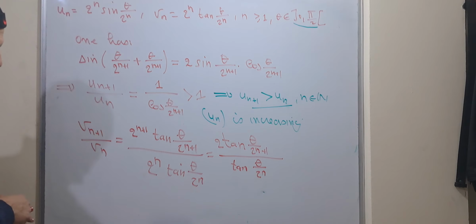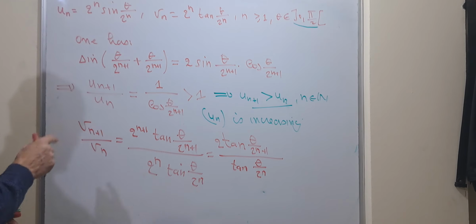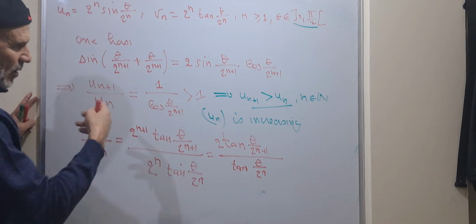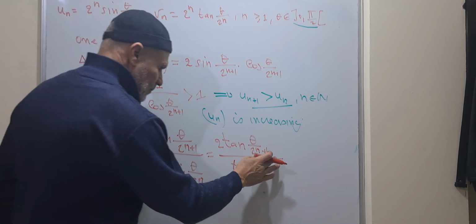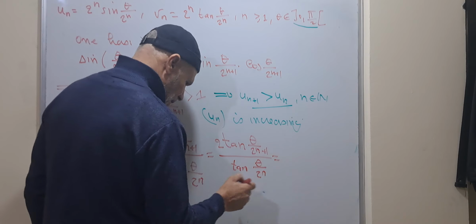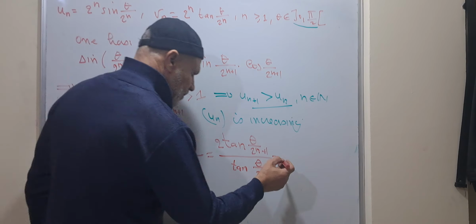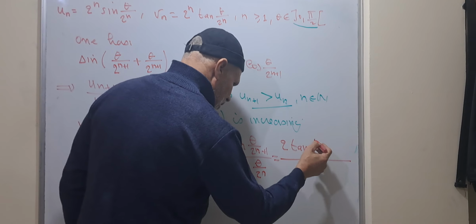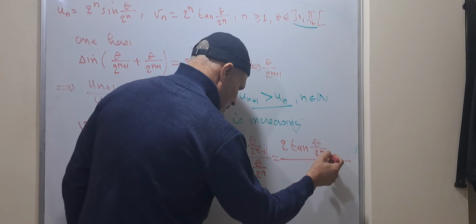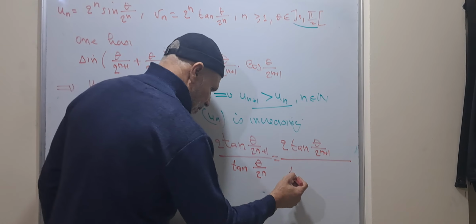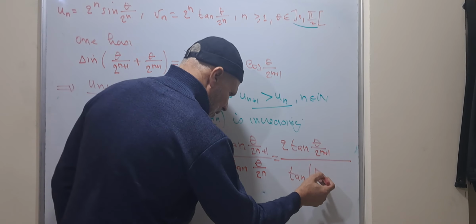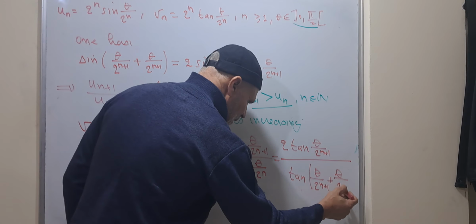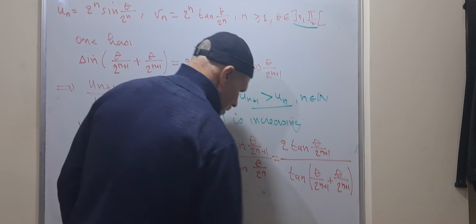Actually, we use the same technique as with sine theta over 2 power n plus 1 twice. And this is equal to 2 tangent theta over 2 power n plus 1 divided by tangent of theta over 2 power n plus 1 plus theta over 2 power n plus 1 twice.